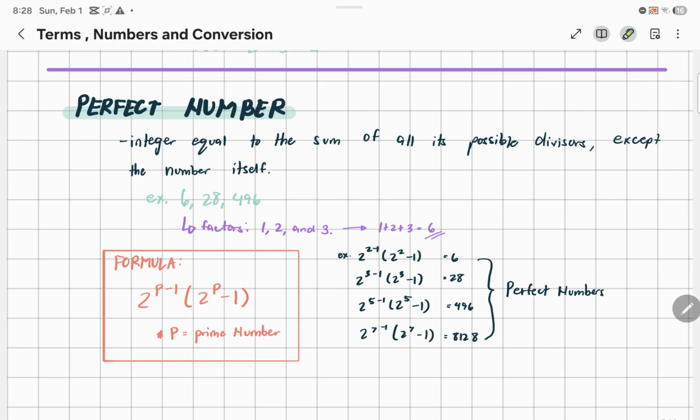We substitute 2 into our formula, and we will get 6. If we use the prime number 3, then we'll get 28. If we use 5, then we will get 496. If it's 7, then we will get 8128. So this is a list of perfect numbers.